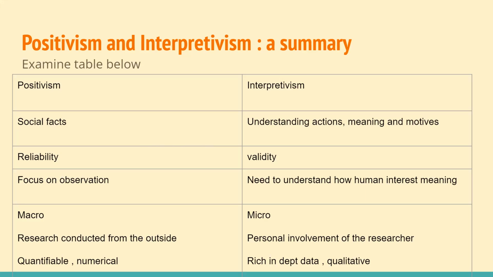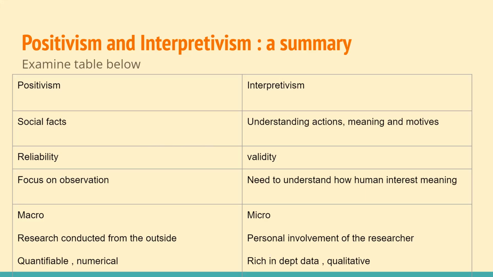In positivism, the theory is macro, whereas interpretivism is micro. In positivism, research is conducted from the outside. Therefore, it is quantifiable and numerical. And that is why positivism prefers to use quantitative research methods.